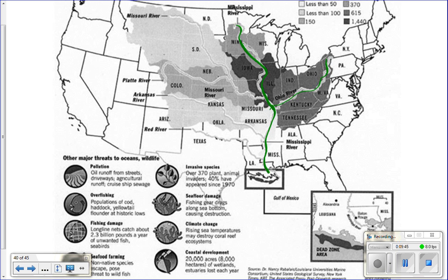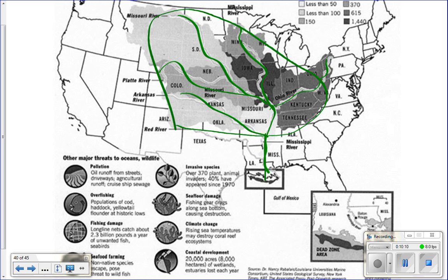You get the Missouri River that comes and meets here, the Mississippi, the Platte River, Arkansas River. Okay, they all run into the Mississippi, which eventually drains down into the Gulf of Mexico. So these rivers drain this entire area of the United States. And if you know anything about our country and where we grow our food, this area is one of the major areas where farming occurs.